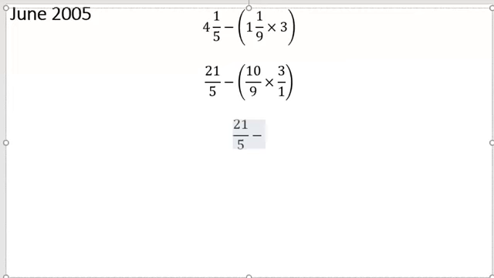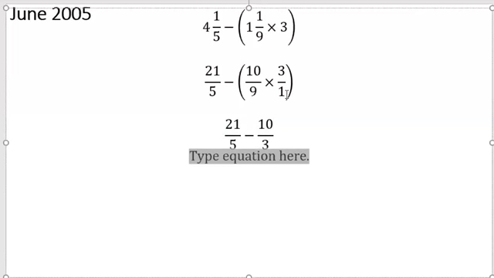So we have the same 21 over 5 minus, and from our bracket now we are just going to simplify and then multiply. So I can say 3 into itself goes 1 time, 3 into 9 goes 3 times. So what I have is 1 multiplied by 10 to give me 10, and 3 multiplied by 1 to give me 3. So now I have 21 over 5 minus 10 over 3.